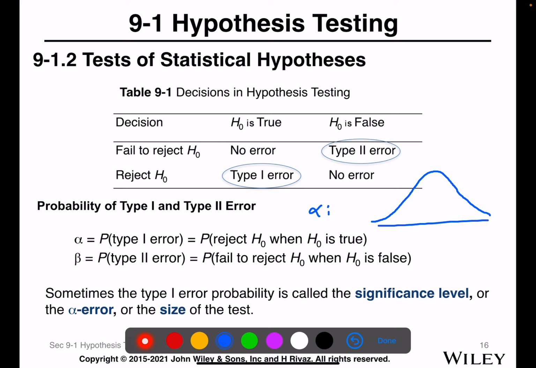So that means that the true distribution mean is here, for example, mu 0. And then what we calculate is the probability that we get so unlucky and all of the samples that we select are far from mu 0. And then the final mean, for example x bar, ends up somewhere here, right?